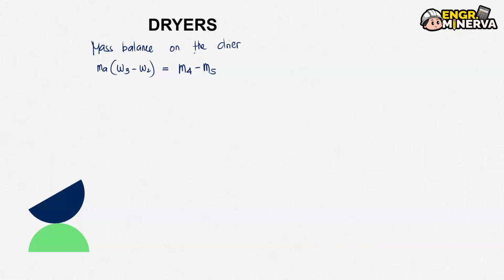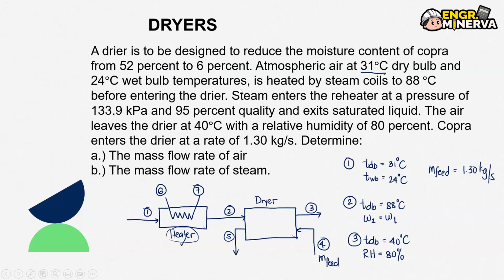The change in mass in the feed, 4 to 5, means the feed lost water, and that water was carried by the air. So that would be your humidity ratio. So it means we need the humidity ratio in 3 and 2. Okay? Now let's get that. We cannot get the humidity ratio at 2 without knowing 1. So we need to get the humidity ratio at 1.